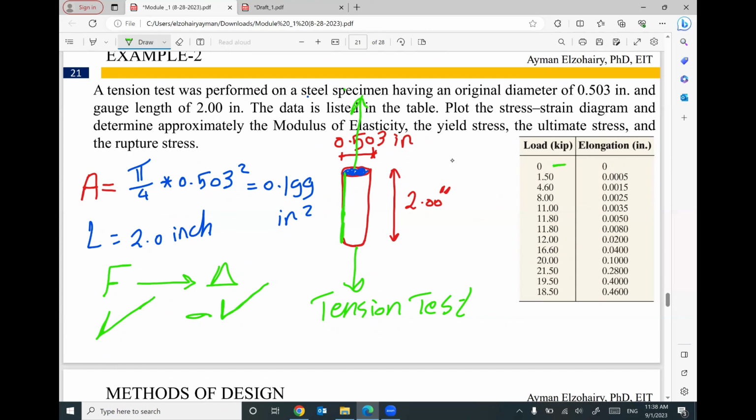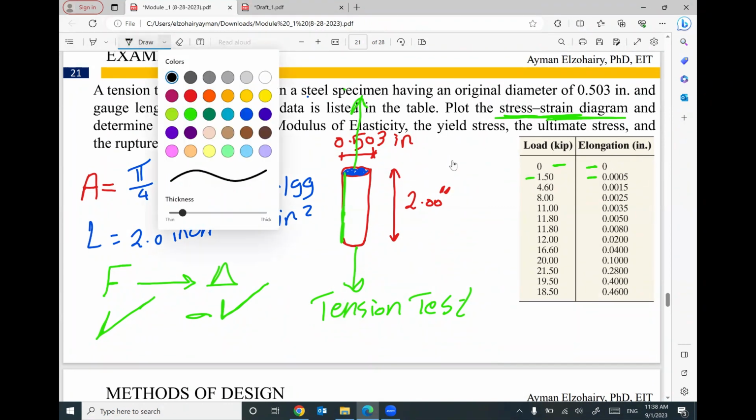If the load is 0, we did not apply any load, the elongation is 0. When the load became 1.5 kip, the elongation became 0.0005 inch. These are the records from the machine. I need to plot the stress strain diagram for this steel material. Keep in mind two important things.